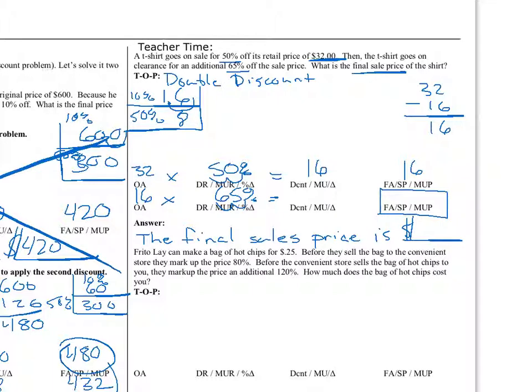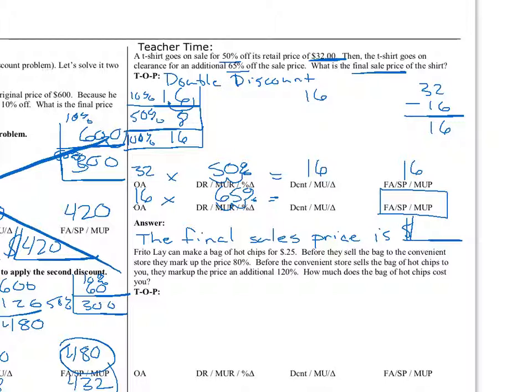Now that I'm looking at this, I'm wondering, Mr. Boots, that was kind of silly. 65% isn't between 10% and 50%. So I should probably do my 100%. Which would be 16. So our second discount should be between $8 and $16.